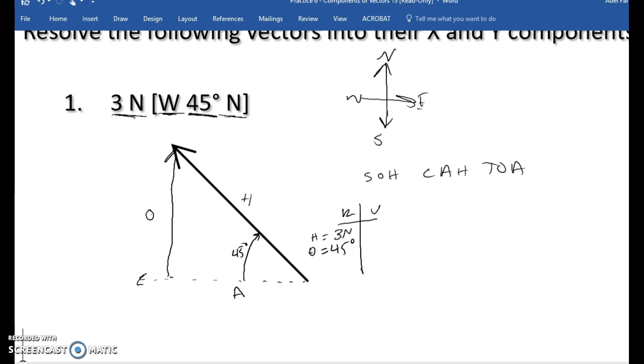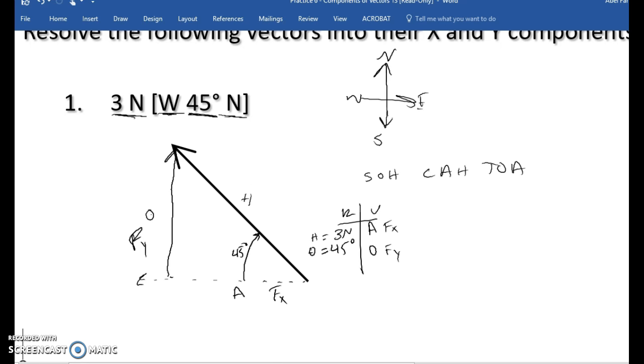Okay, so from here, we're trying to find A and we're trying to find O. We should call these force X and force Y. Okay, this is the X component, that's the Y component. So A represents the X component, O represents, in this case, the Y component.